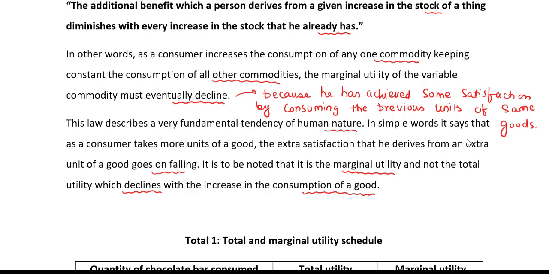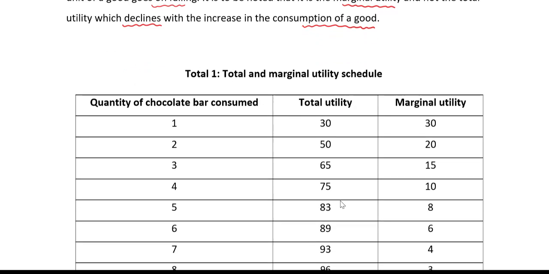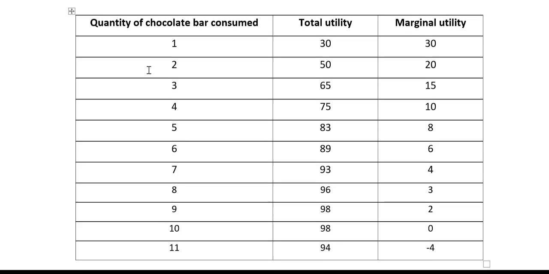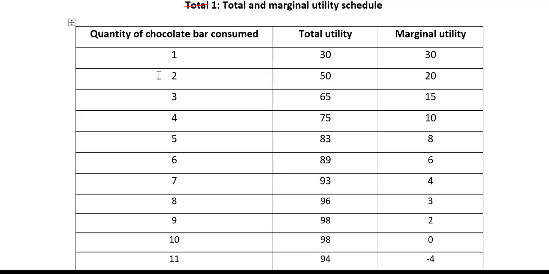Students, let's see this table one, that is the total and marginal utility schedule. The quantity of chocolate bars consumed is shown over here, and the total utility derived from the consumption of chocolate bars is listed, and marginal utility is also shown. The consumption pattern of 11 chocolates is given.